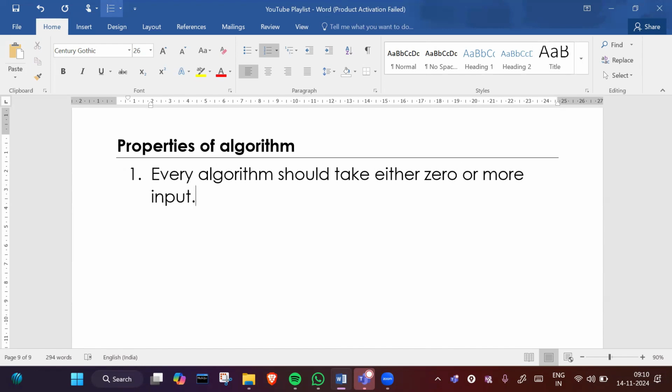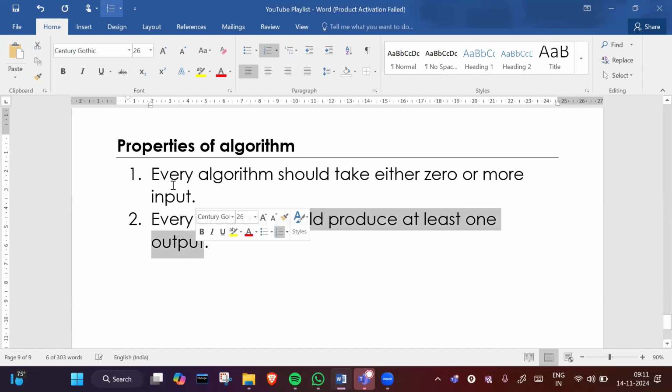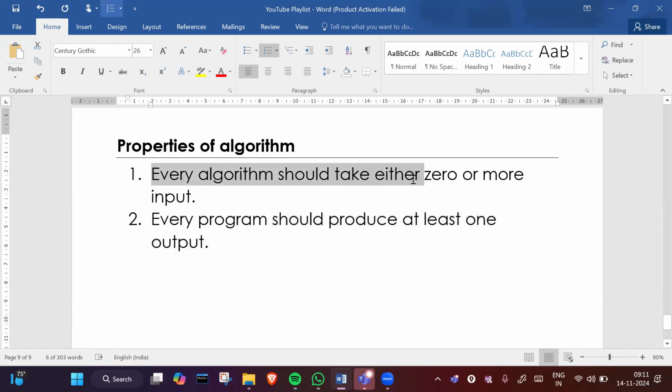What is the second property? Every program should produce at least one output. Every algorithm should take either zero input or more input, but should produce at least one output. Input can be zero, but at least one output should be there.